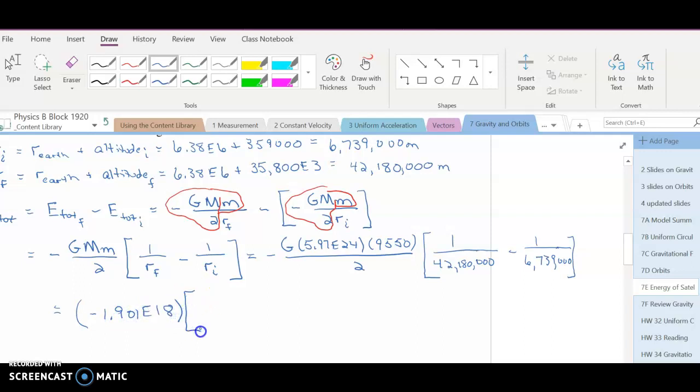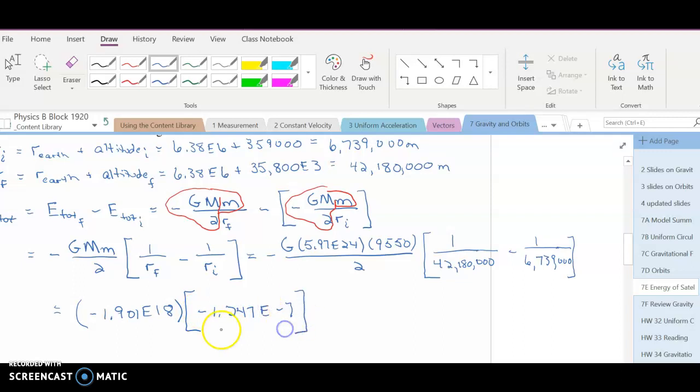But that's going to be multiplied by the stuff that's in my square brackets. So that's going to be the inverse of the 42 million number minus the inverse of the 6 million number. And I get a negative 1.247 times 10 to the negative 7.